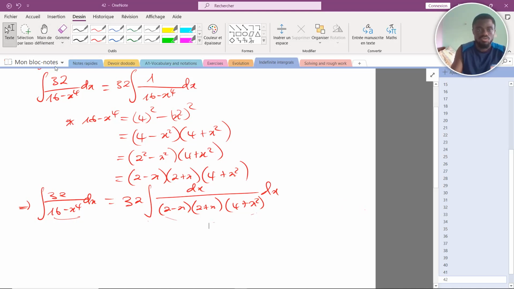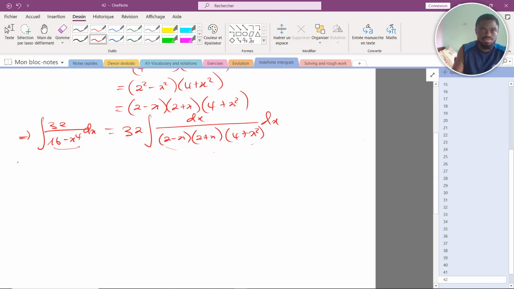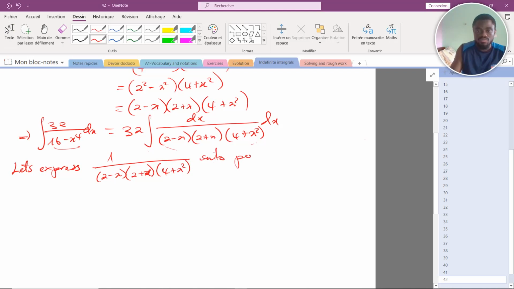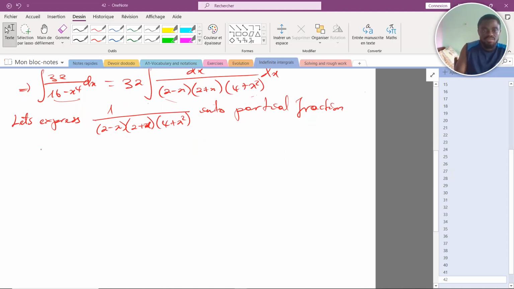Let me wipe this. Let's express 1 over 2 minus x times 2 plus x times 4 plus x squared into partial fractions.